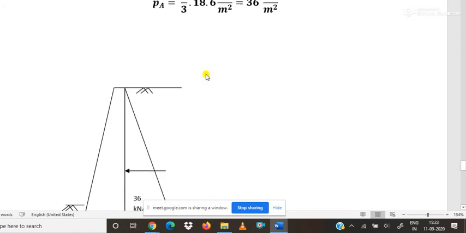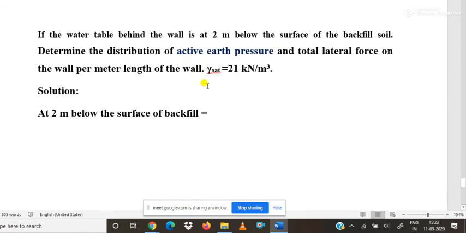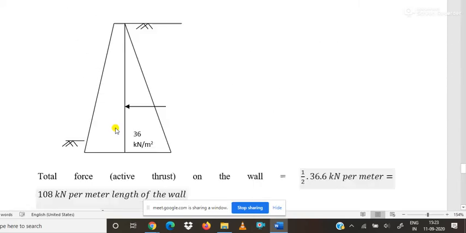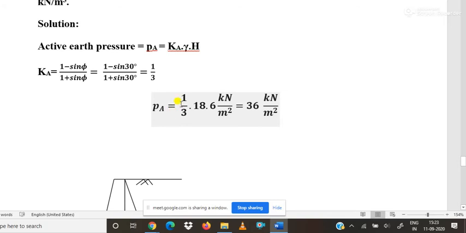This one is the same, because up to 2 meter below the surface of the backfill soil there is no water table, and the value of H will be considered as 2 meter here, and this is 1/3. Okay, I'm copying only from here.